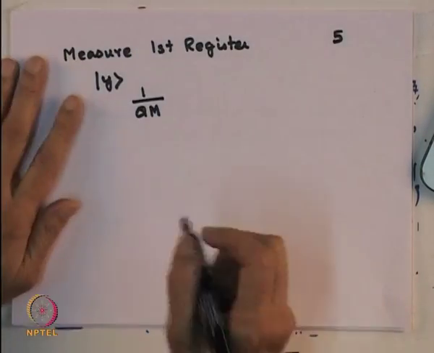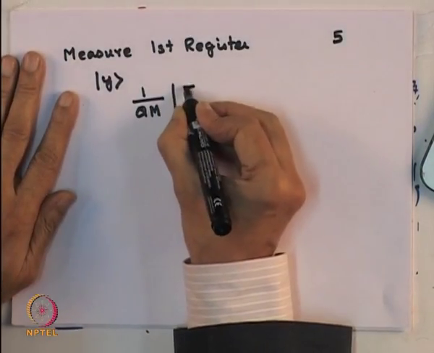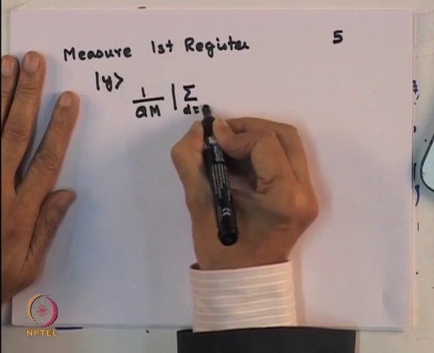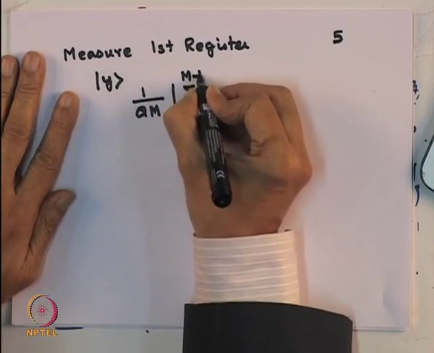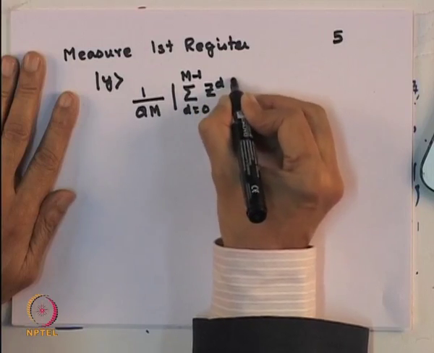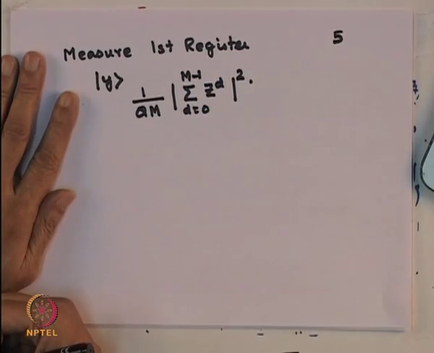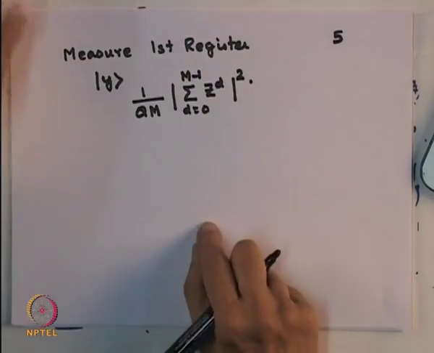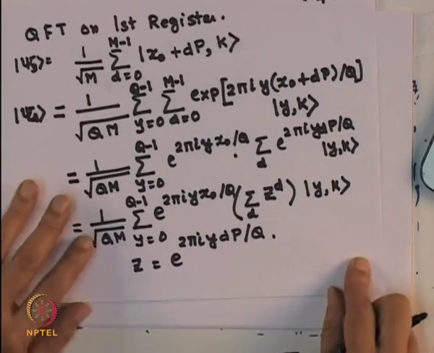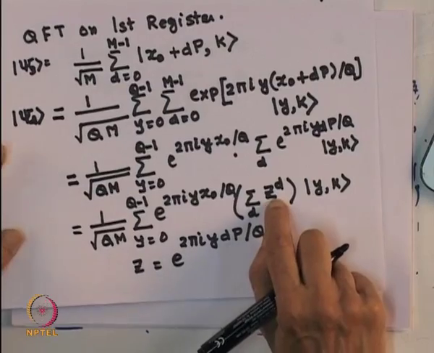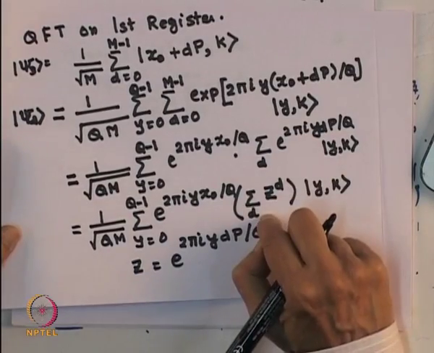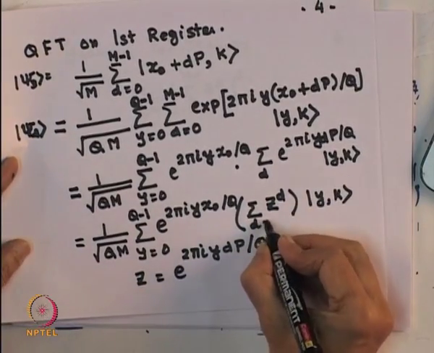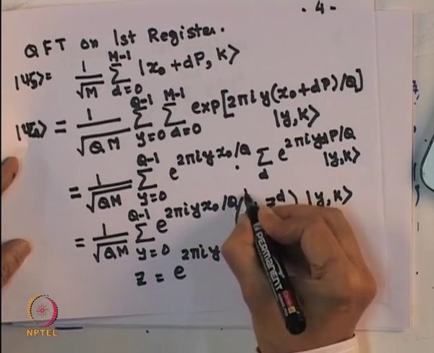So I am left with modulus of sum over d equal to 0 to m minus 1 z to the power d, whole square. I have written down what this z is, and the sum over d is a finite sum.